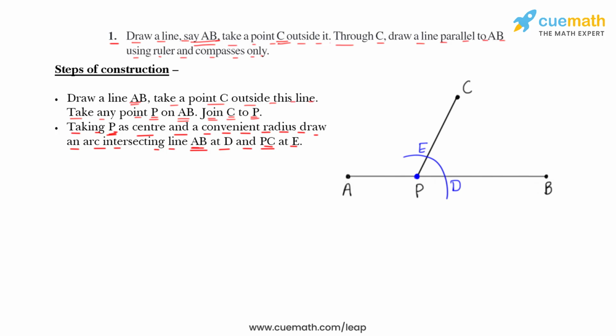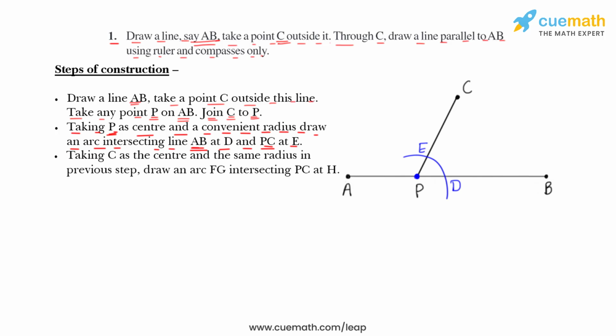Next step: taking C as center and the same radius as in the previous step, draw an arc FG intersecting PC at H. Same radius means this PE, which we took in the last step.